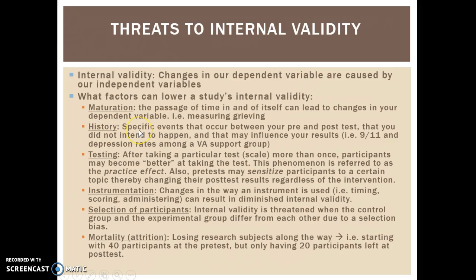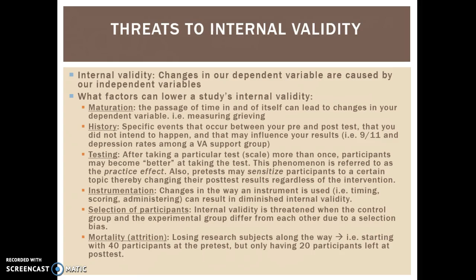So with history, what we're referring to is if there is a specific event that occurs between your pretest and your post-test, that event can influence your results. So for instance, if you're doing a support group with veterans and you're looking at their depression scores from pre to post-test, well, if 9/11 happens between your pre and your post-test, that could very much have an impact on these veterans' depression rates, regardless of how your support group is going.